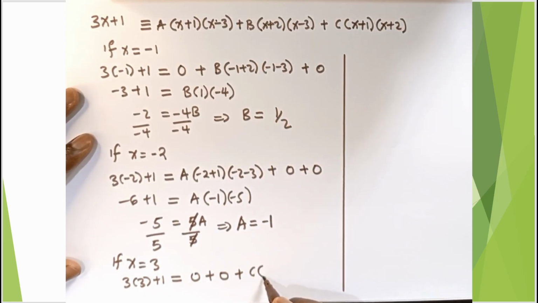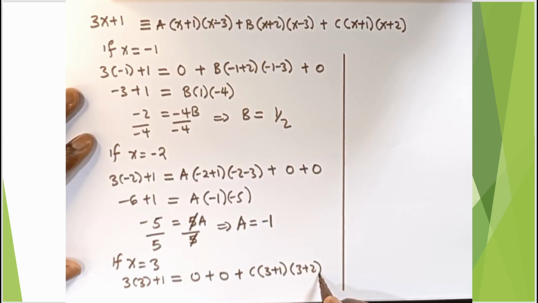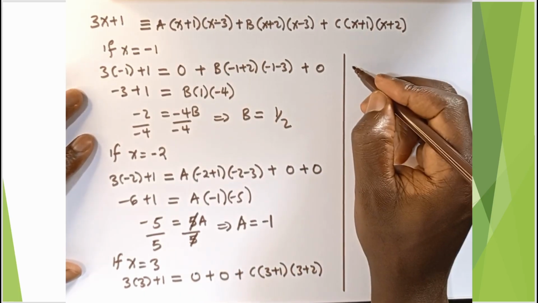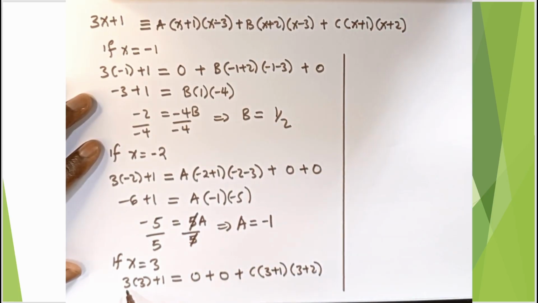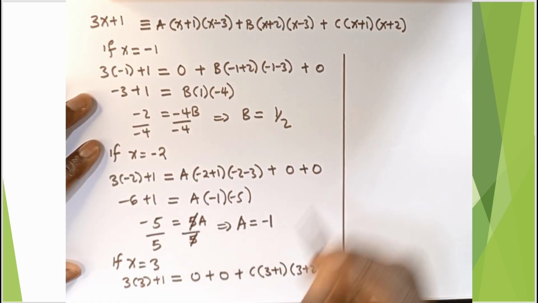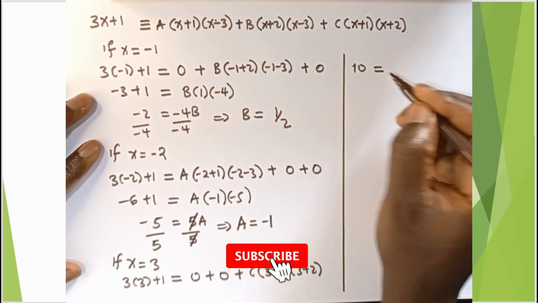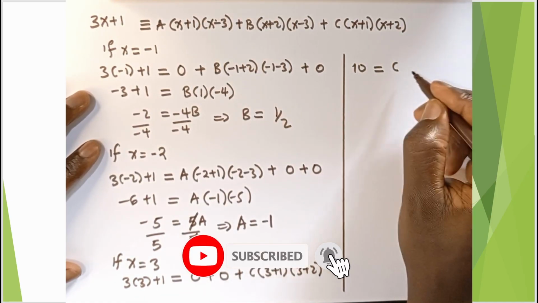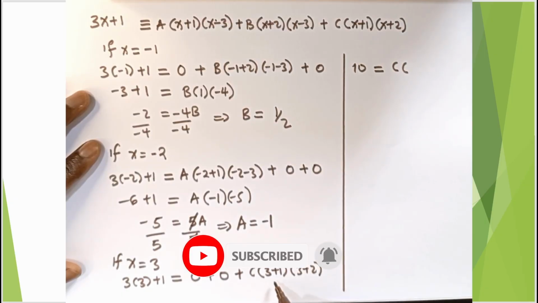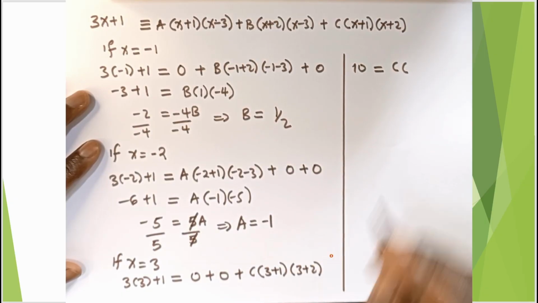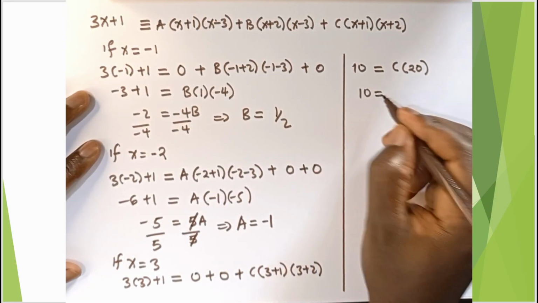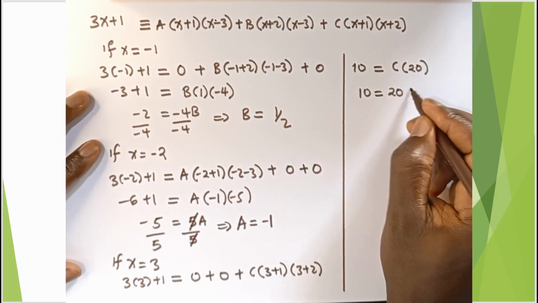So plus c into, I'll have 3 plus 1 into 3 plus 2. So this 3 times 3, that's 9 plus 1, we have 10, is equal to c into, this is 4 times 5, we get 20. So we shall have 10 is equal to 20c.